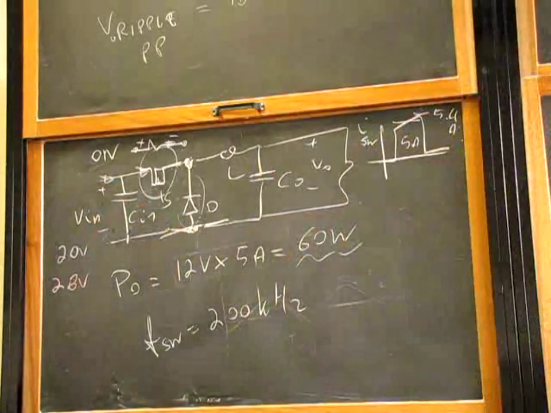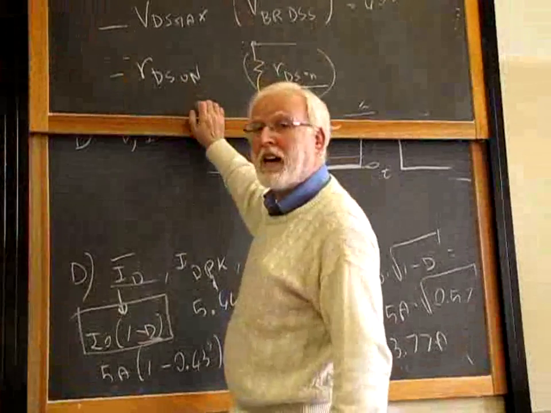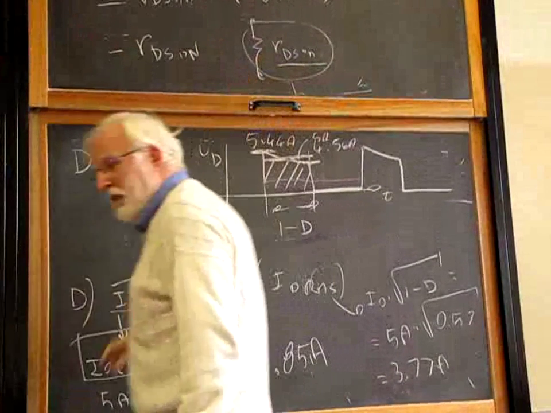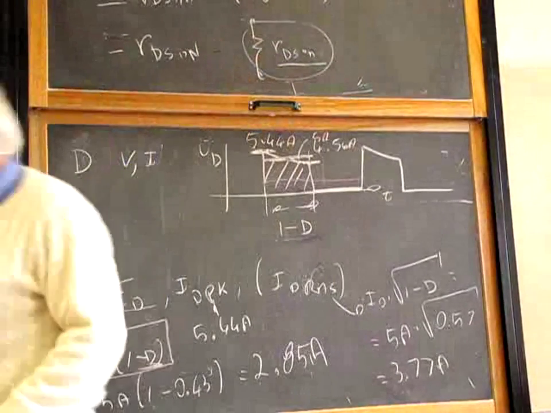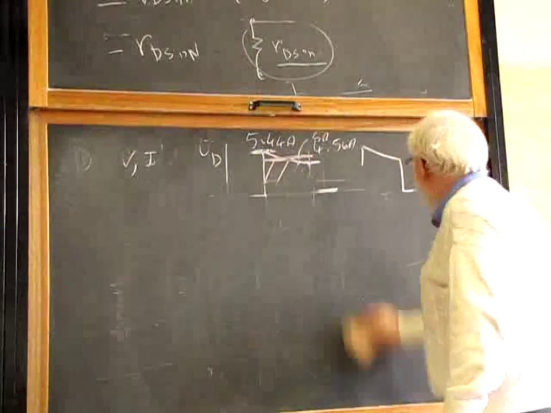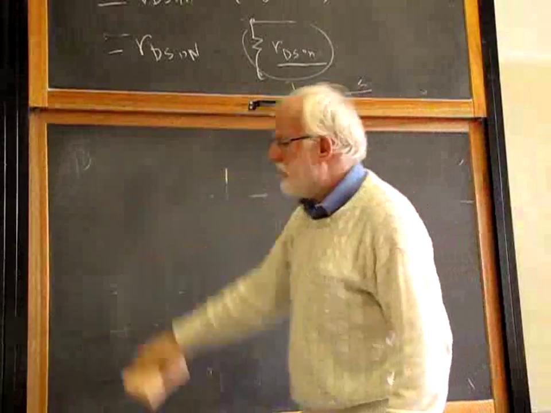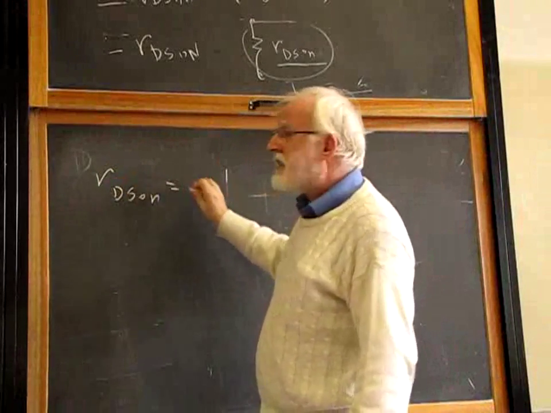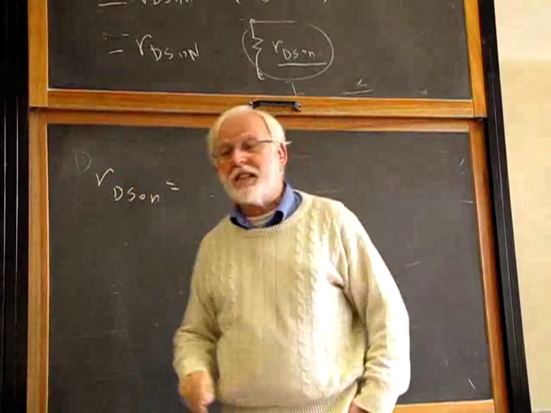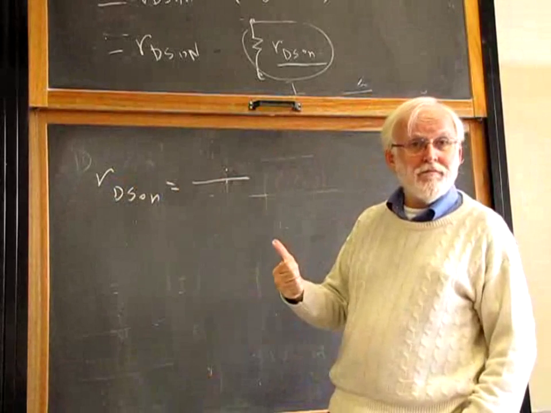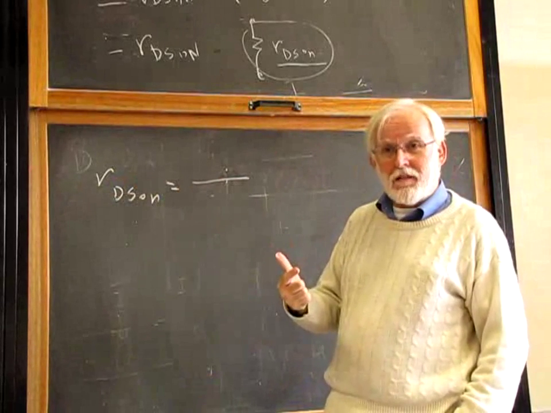So, we need to find out how much is the RDS on, because RDS on is the second important parameter. These two parameters allow you to choose a MOS transistor, not the current. RDS on is the resistance, and as any resistance is given by the ratio of voltage divided by current.